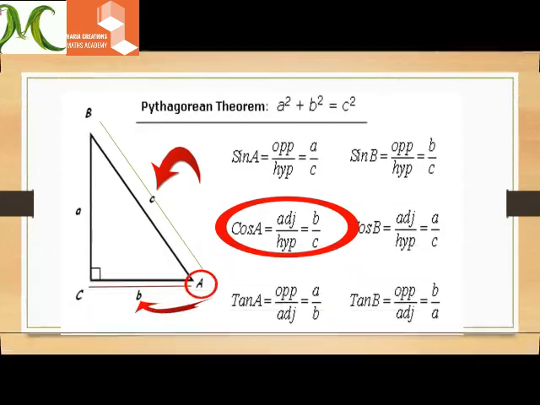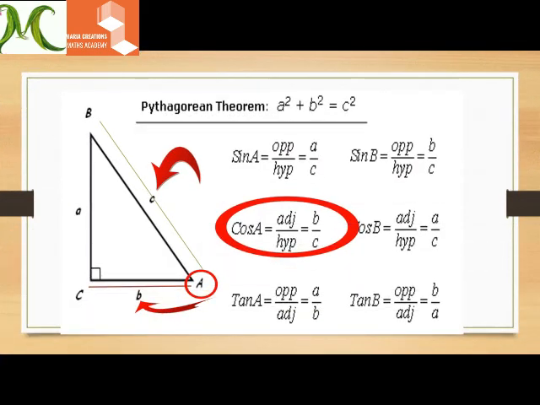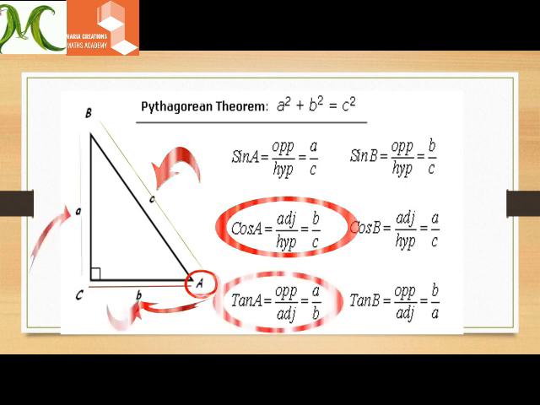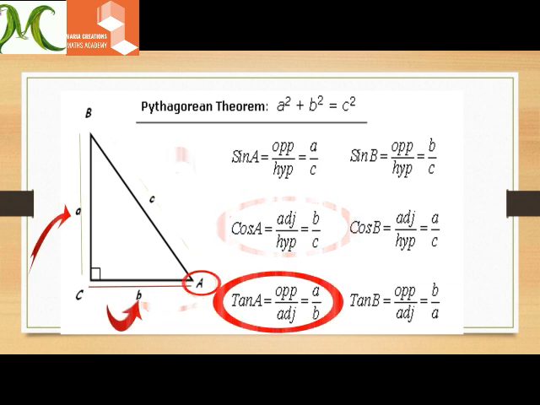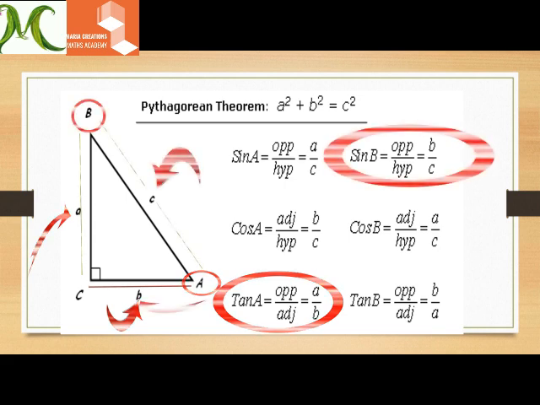Cos A is equal to adjacent side by hypotenuse, that is equal to capital letter AC by capital letter AB, that is equal to small letter b by small letter c. Tan A is equal to opposite side by adjacent side, that is equal to capital letter BC by capital letter AC. This is equal to small letter a by small letter b.